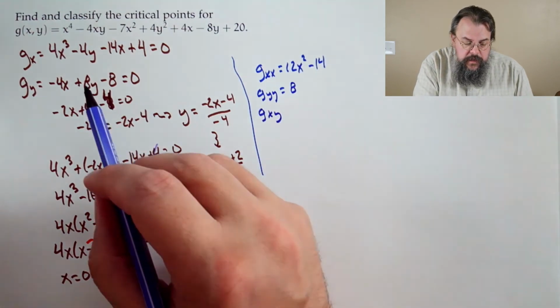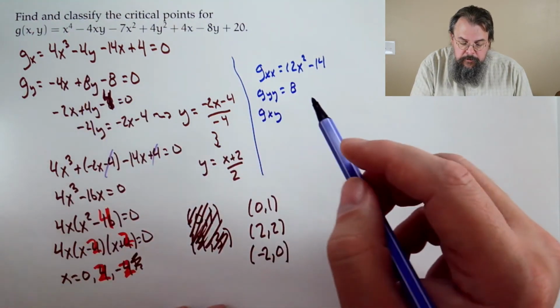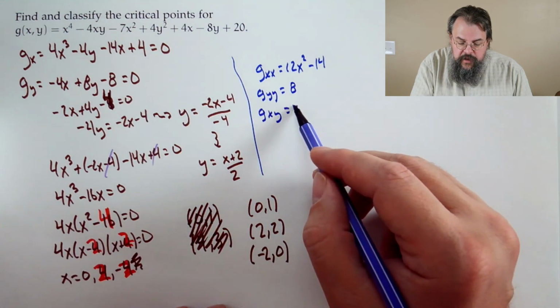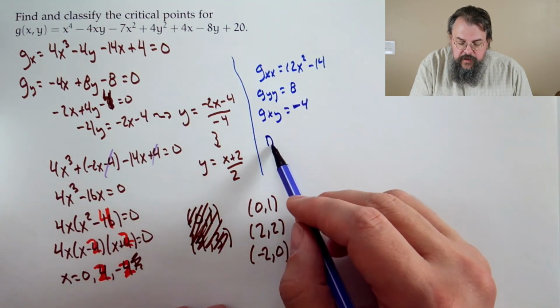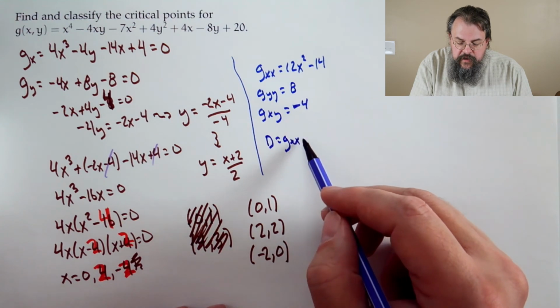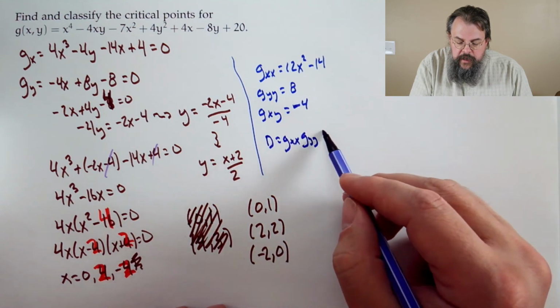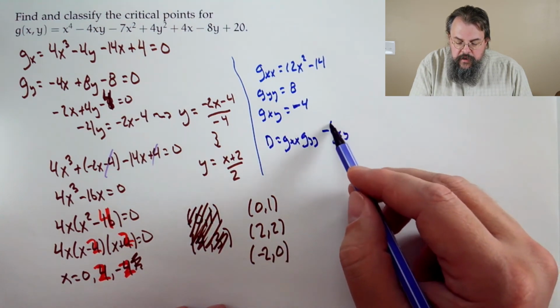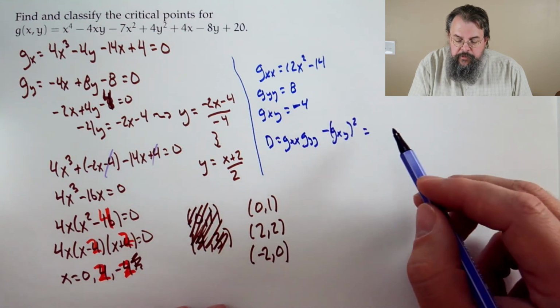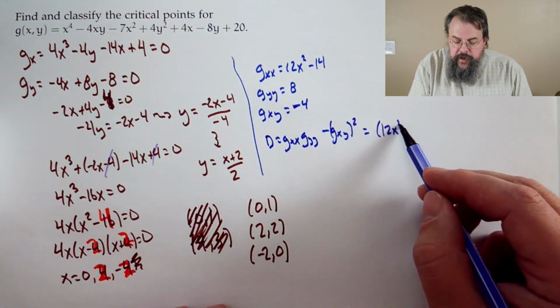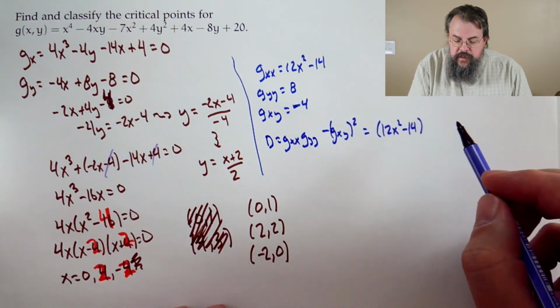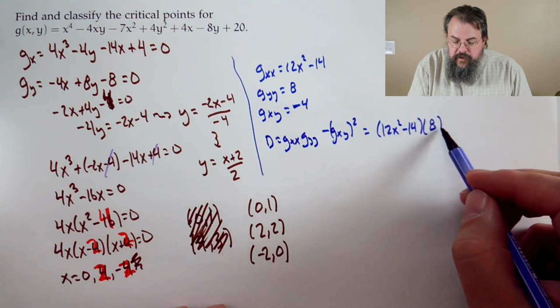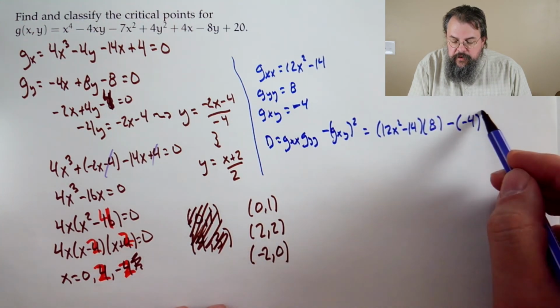Gxy, negative 4. Wow, also pretty easy. So our function, gxx, gyy, minus gxy squared, well, 12x squared minus 14 times 8, subtract, negative 4 squared.